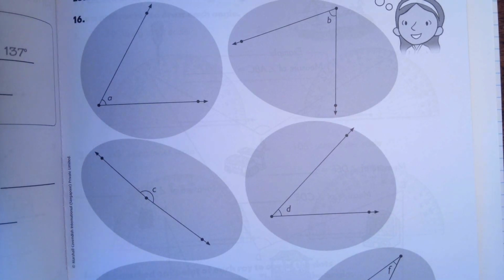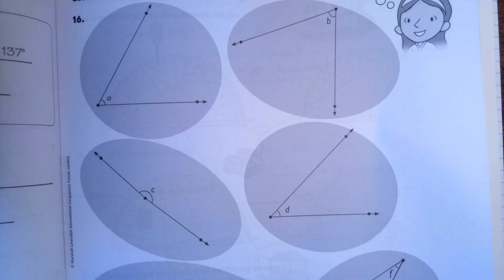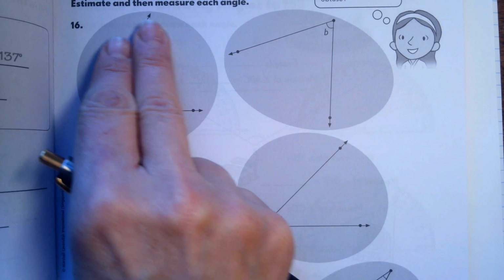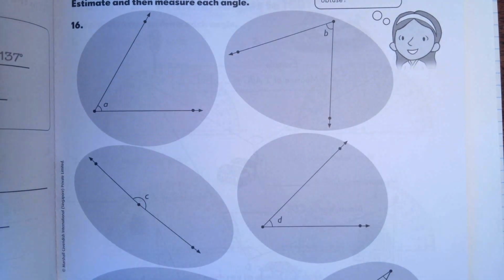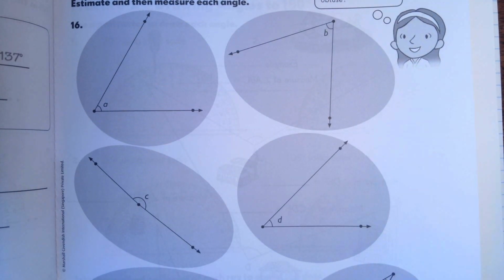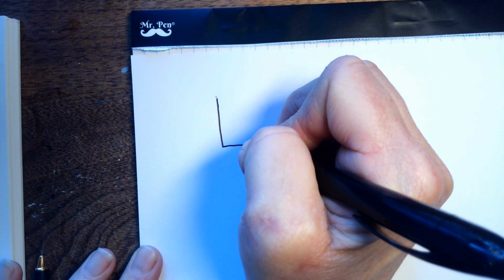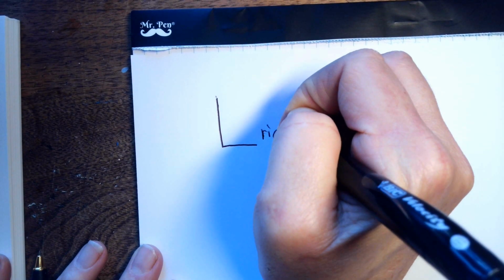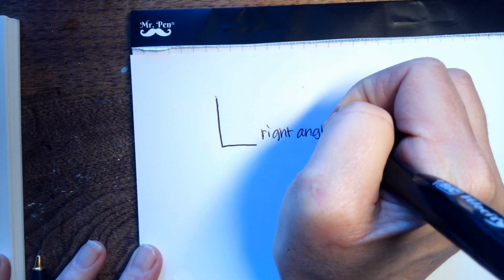Now we have a few different angles. You would use a protractor to try to figure out how much this angle is. Let's go over a few of the angles that we have. The first type of angle is like an L, and it is called a right angle.